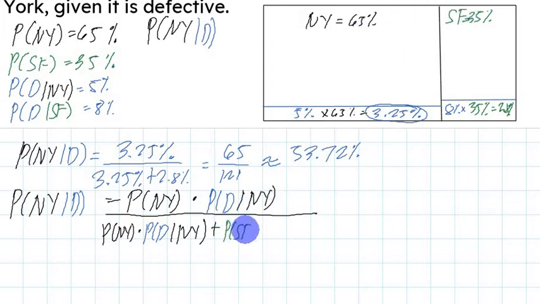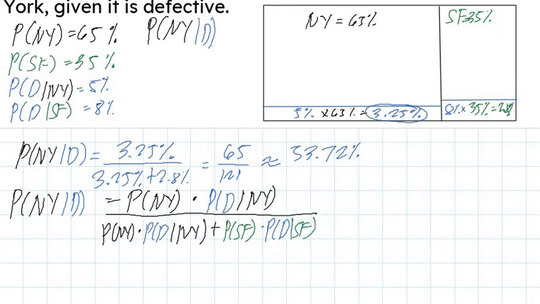The probability that it's from San Francisco multiplied by the probability that it's defective given it's from San Francisco. Now, if you notice, I did not use the complement of New York because we already know that the complement of the CD being from New York is the CD being from San Francisco.